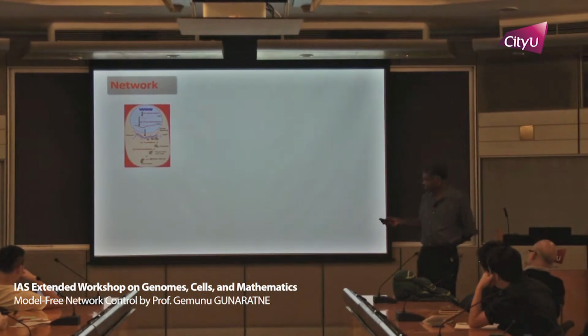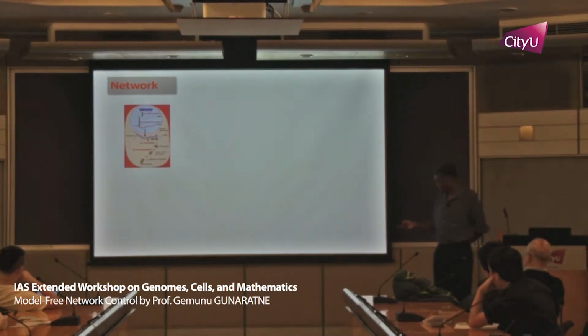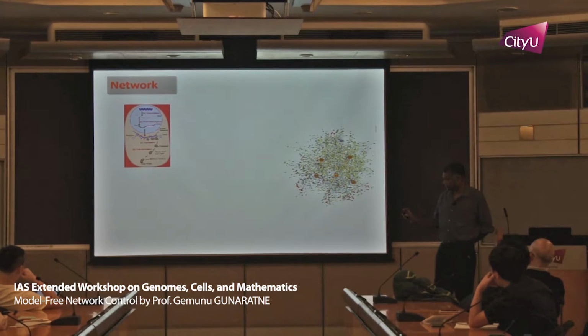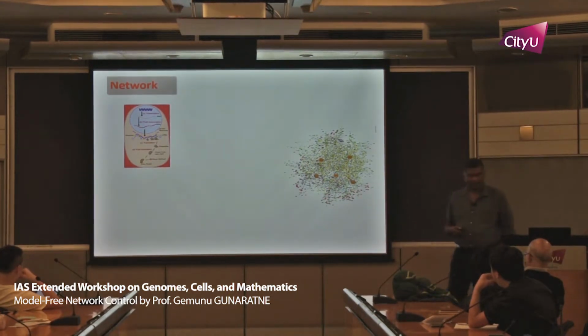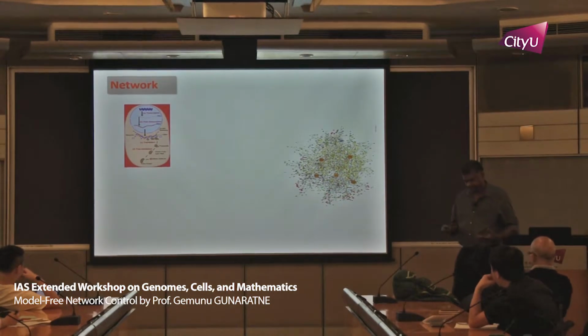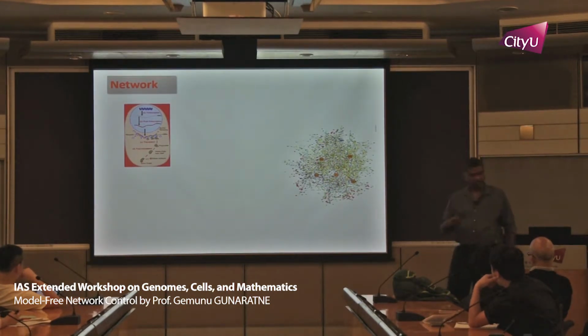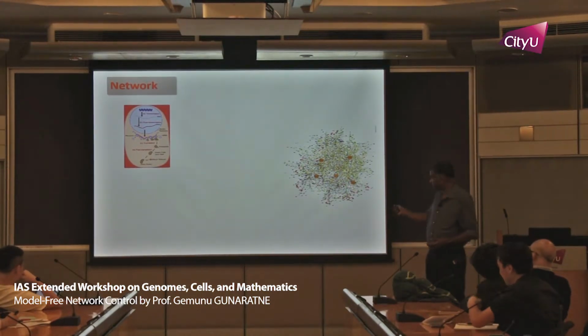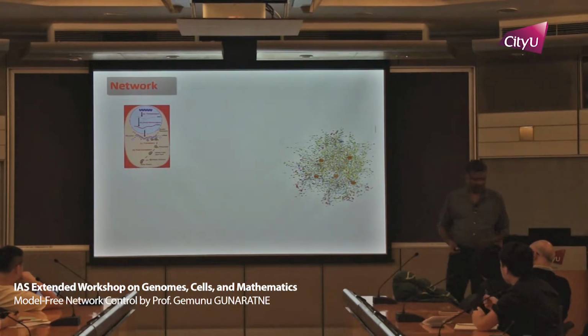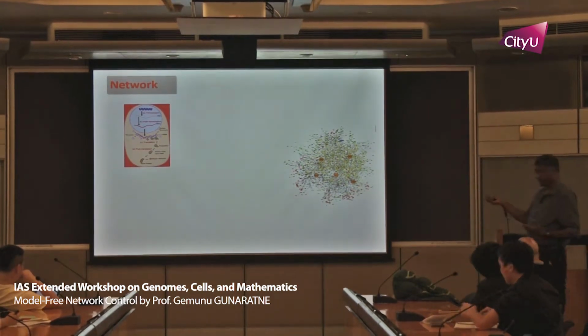The problem is that the actions of these genes and proteins depend on other genes. So there are interactions between different genes. Here is an example of a network associated with prostate cancer, and it's a mess.